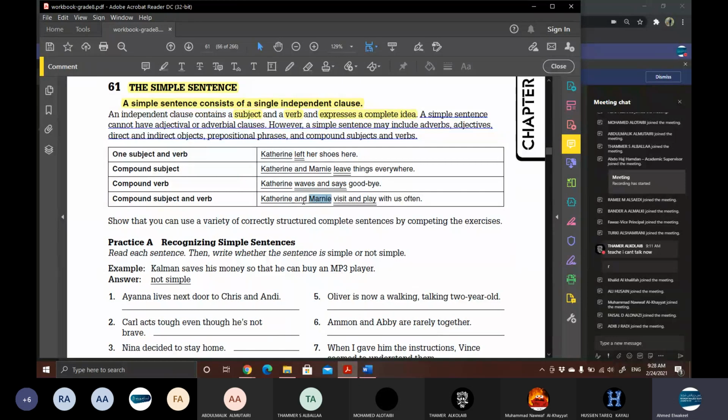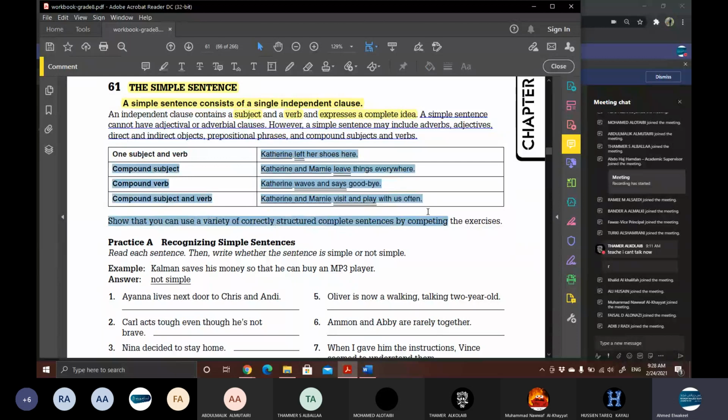When you have two people, that's one compound subject: Catherine and Marnie visit and play with us all. So compound subject and also compound verb. Yet all of these sentences are still what? Simple ones.